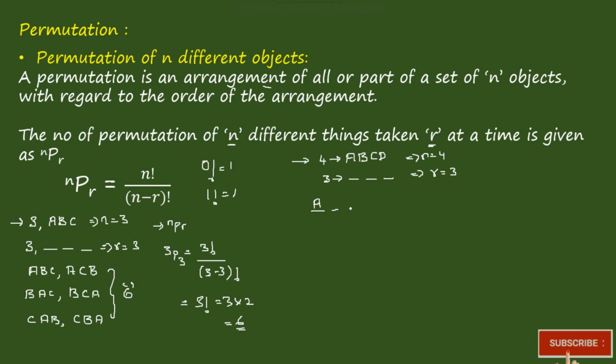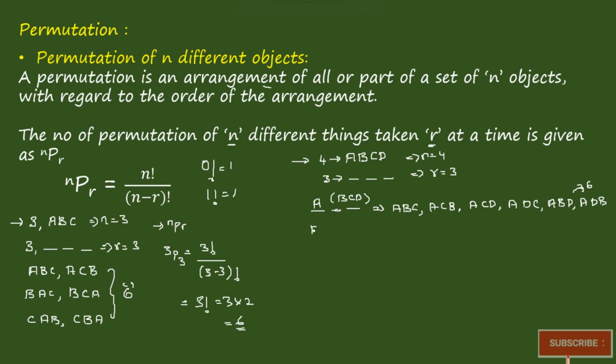In the second and third, we can place either of B, C or D. So we can write A, B, C or A, C, B or A, C, D, A, D, C, then A, B, D or A, D, B. So in total we got 6.